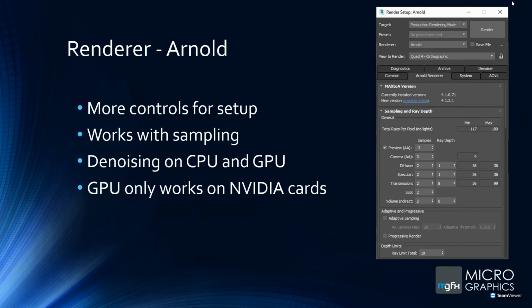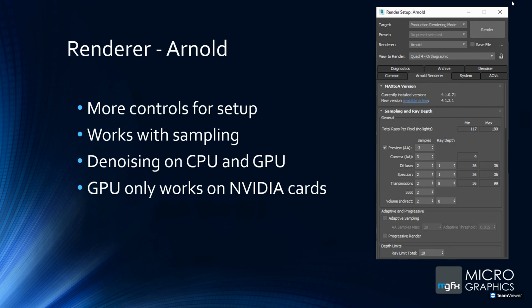Okay, then you've got the Arnold renderer. If you take a look at the Arnold render setup over here, there are a lot more controls. You've got common, Arnold renderer, system, AOVs, denoiser, archive, diagnostics. Also with the sampling and ray depth, you can see it doesn't work on time, it works on sampling: things like preview, camera, diffuse, specular, transmission, subsurface scattering, volume indirect. If you wanted to, you could just increase the camera sampling, and on the right-hand side there are 2 columns, minimum and maximum.